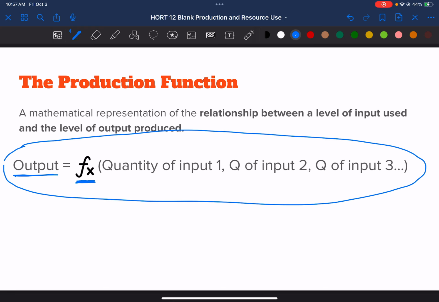This means a function of, and all that means is that it is dependent on whatever is in these parentheses here. So our output is dependent on the quantity of input 1, the quantity of input 2, the quantity of input 3, and so on and so on. So what this means is the quantity of all the inputs that we use determine what the level of output is.